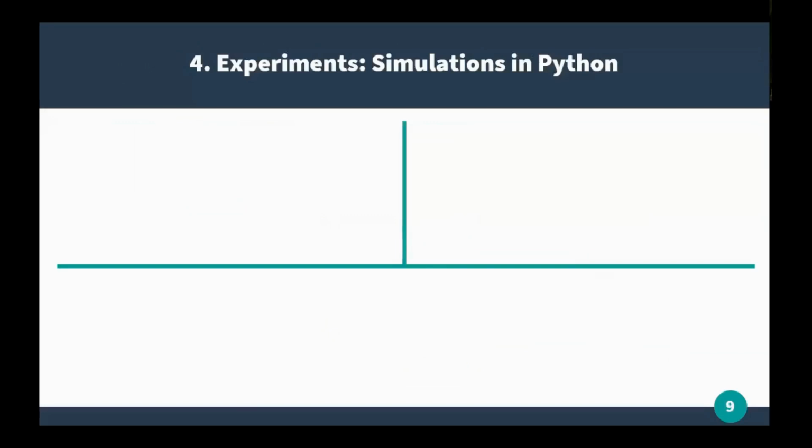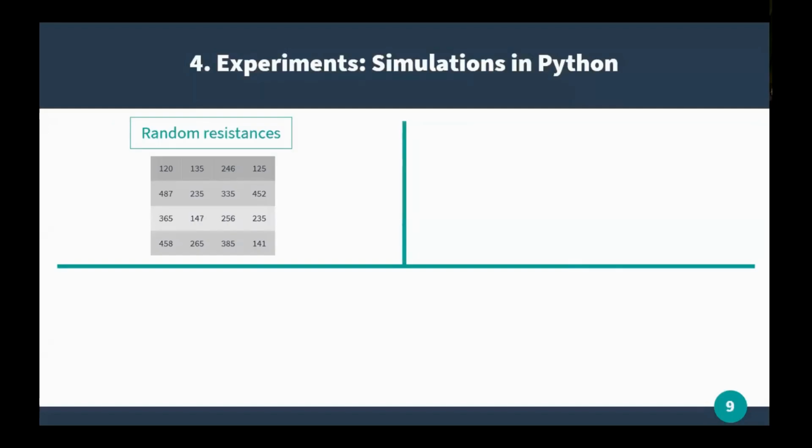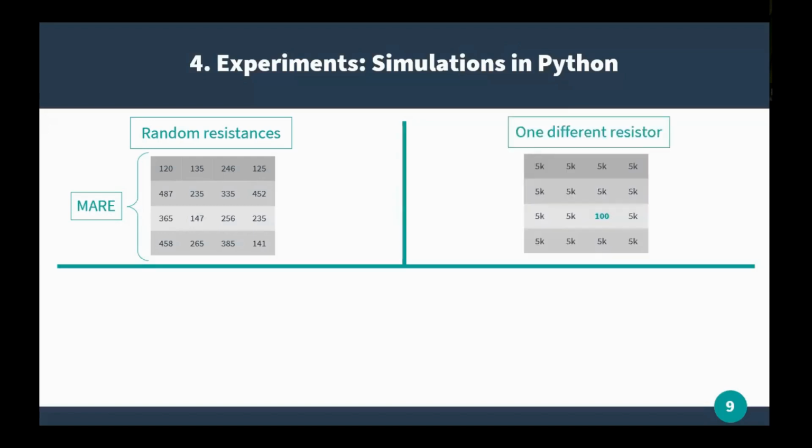So, experiments carried out. We have done this experiment by means of simulations in Python, and we have developed two different resistance maps. In the first case, we have a map formed by random resistances. All the resistors have different values between two known bounds, and we will be calculating the mean absolute relative error for the whole array. Another case, which is very interesting and very studied in the literature, is the one different resistor case, in which all the sensors have the same value except for one of them, which is the one we're going to be reading.